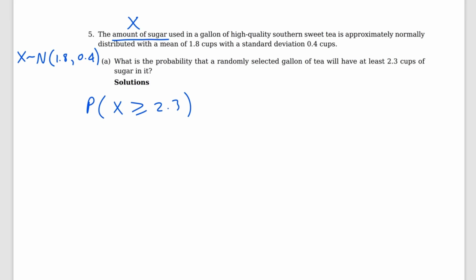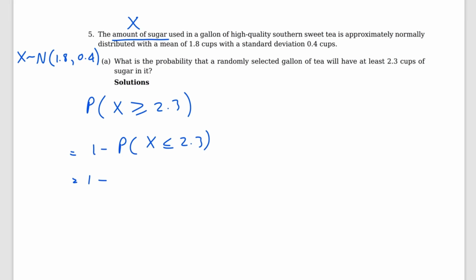Understood that? Got it? Good. Okay. So then how do we do that? This equals 1 minus probability X less than or equal 2.3.